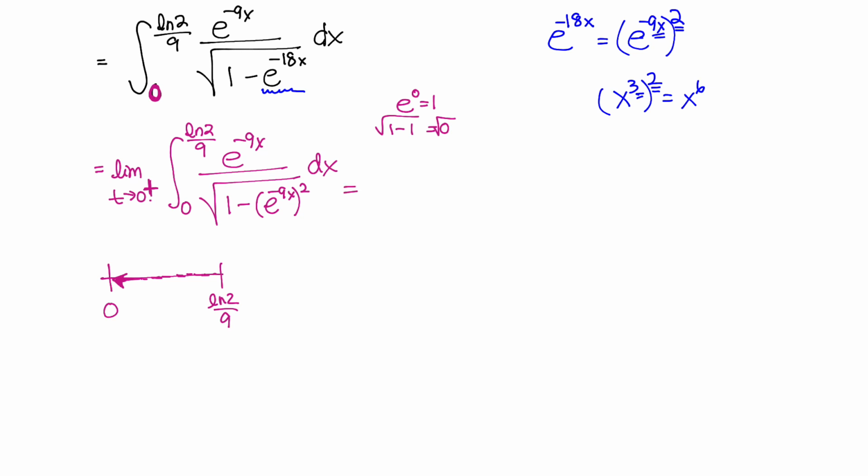So I think most people are getting this. Some people are getting an answer. Let me run down the steps here. If you do a u substitution, you're going to let u equal e to the negative 9x. The derivative is negative 9 e to the negative 9x dx.